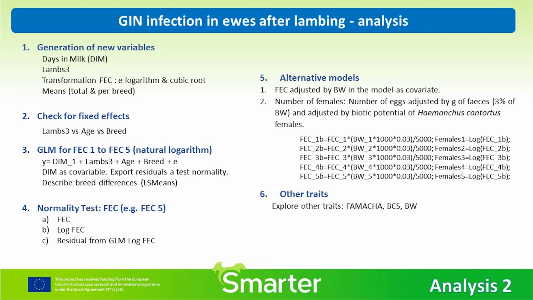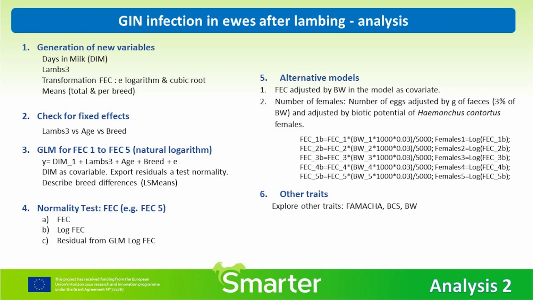Again, you will see the same information. You have a document with the scripts: transforming the new traits, days in milk, lambs, to see the distribution, the transformation of FEC, and analyzing the means for a total description of the database.